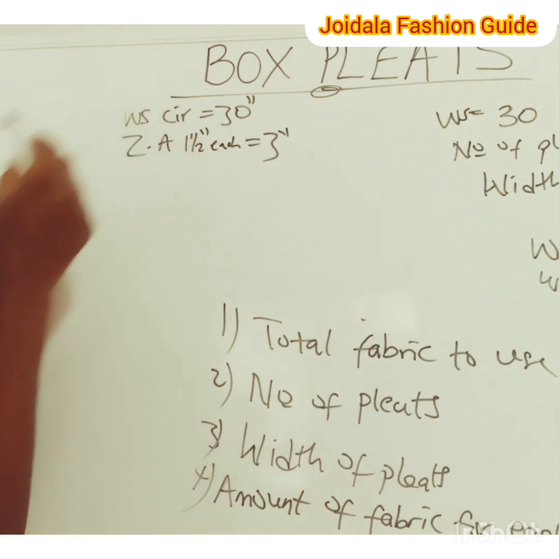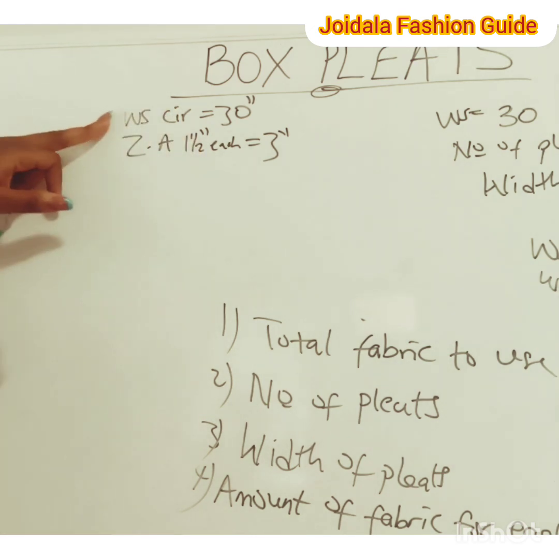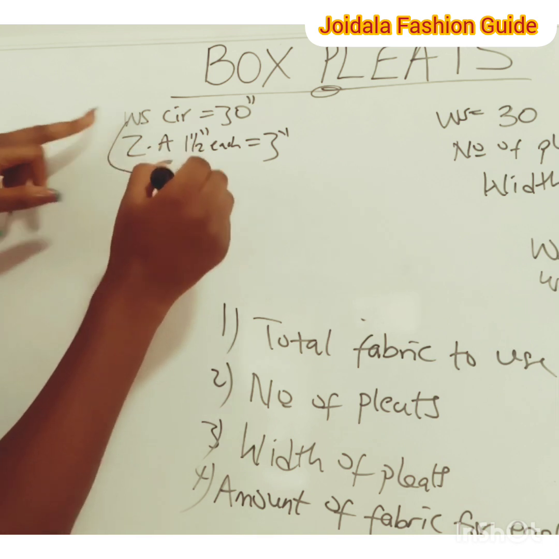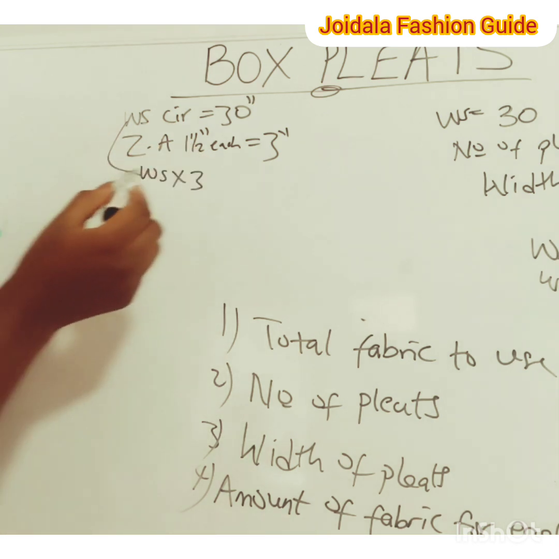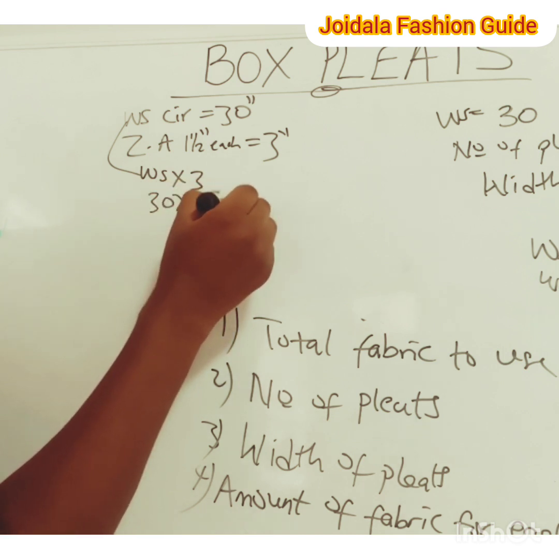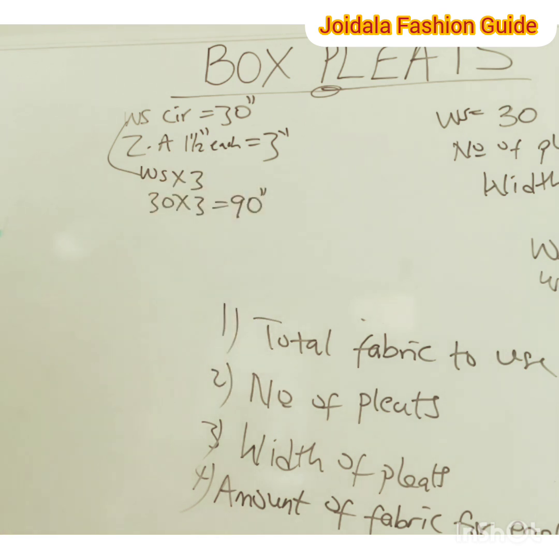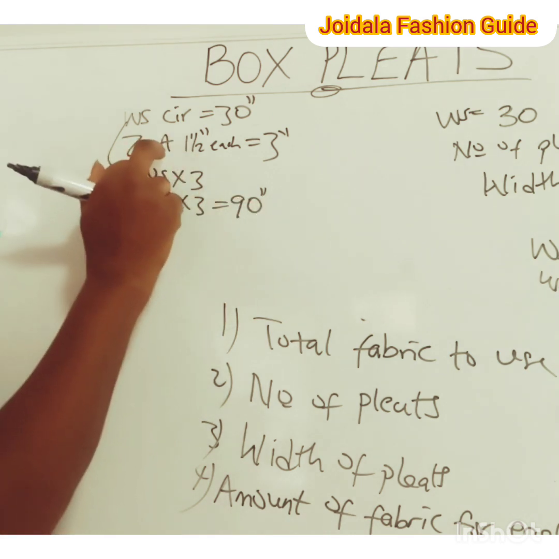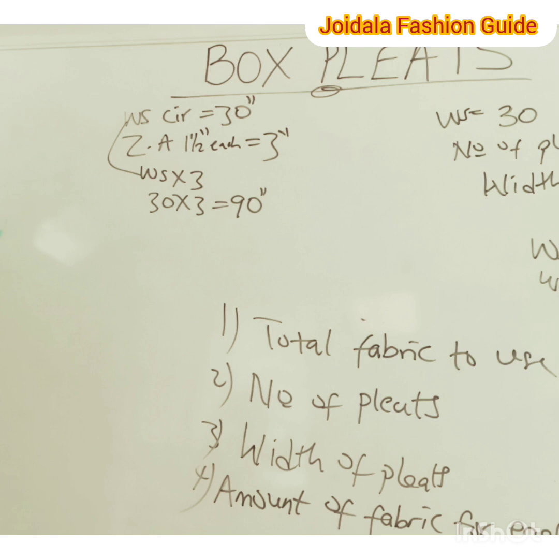Okay, and then the amount of fabric that I want to use is waist times 3. If I multiply waist times 3, I'll have 30 times 3, which is 90 inches. So to this 90 inches, I will add the zipper allowance. So that will give me the total fabric that I need to use.